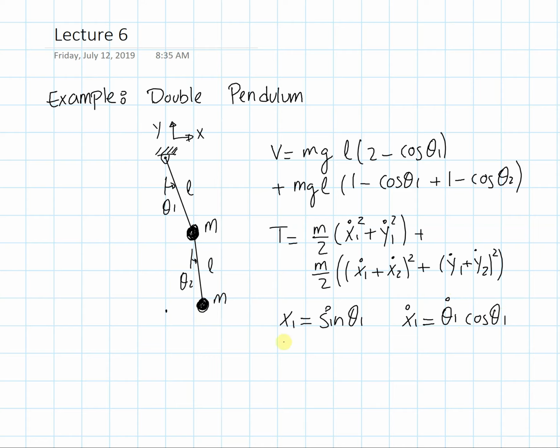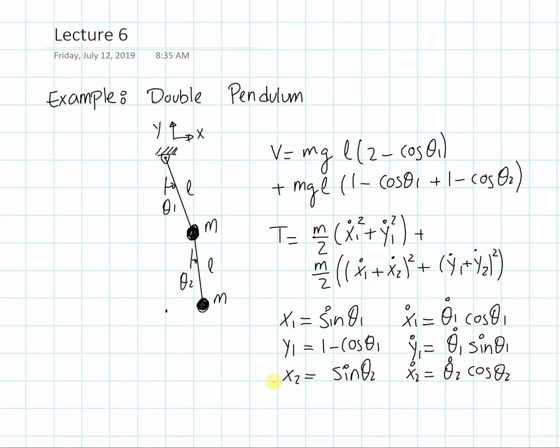I can say y1 is equal to 1 minus cosine theta 1, and then I can say the derivative of y1 with regards to time is theta 1 dot sine theta 1. And pretty much I could do the same for the other terms. For x2 it's equal to sine theta 2, and x2 derivative is the following. And same thing with y2.